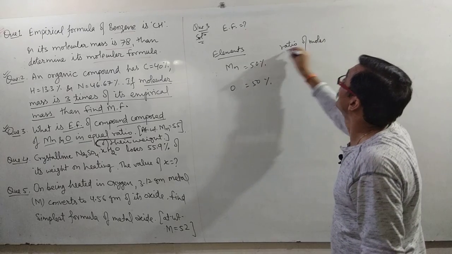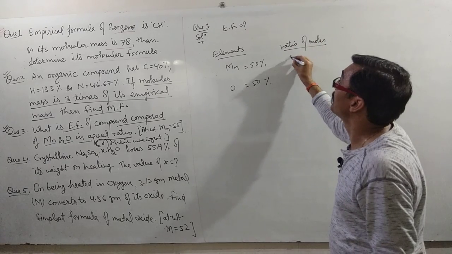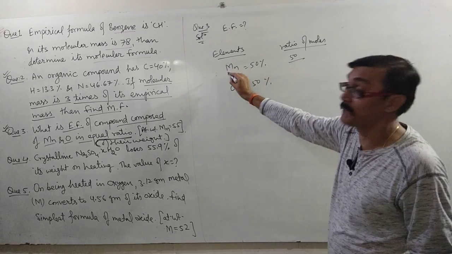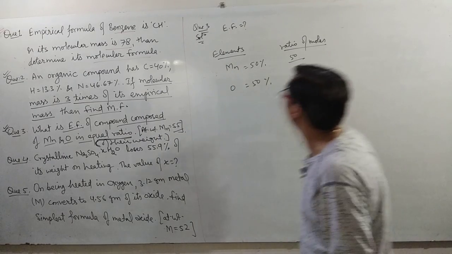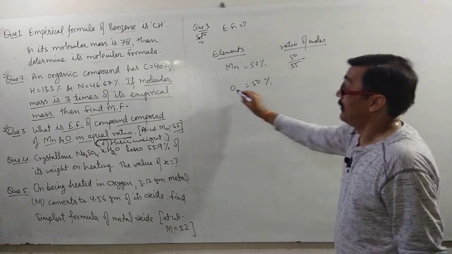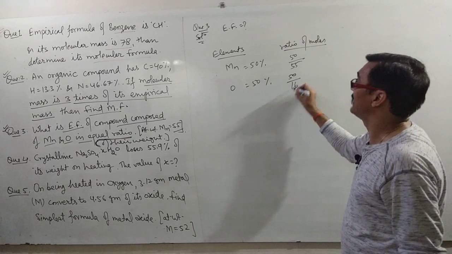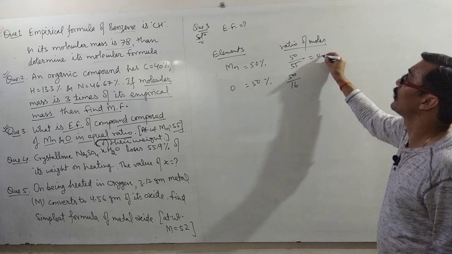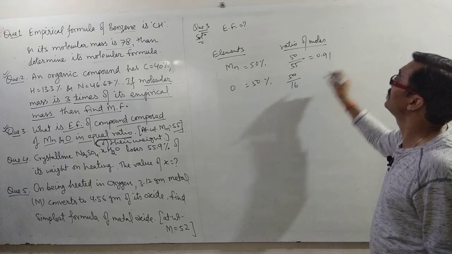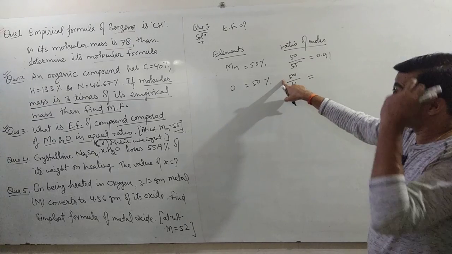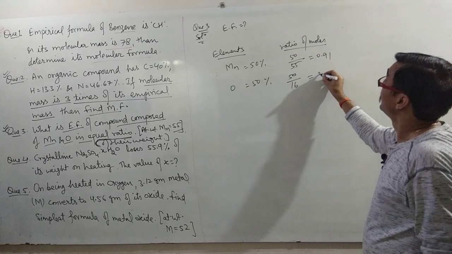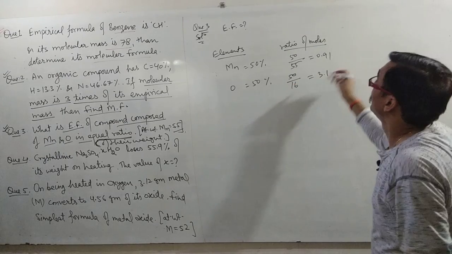Now the ratio of moles: mass of manganese divided by atomic mass of manganese, which is 55, and mass of oxygen divided by atomic mass of oxygen, which we all know very well is 16. It is almost 0.91 and 3.12.